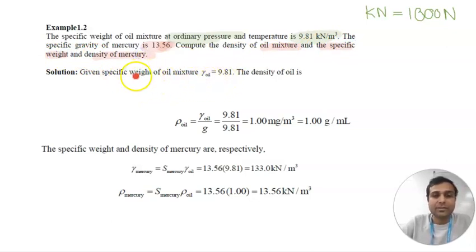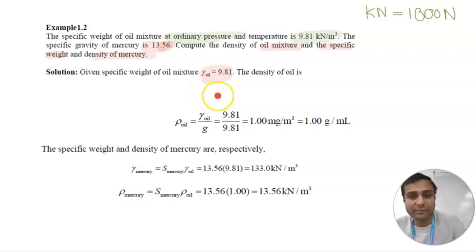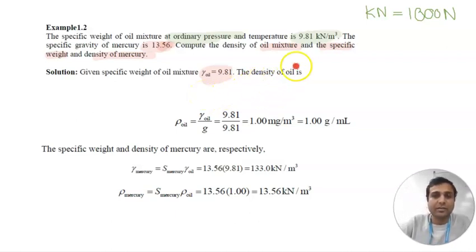So we were given the specific weight of the oil mixture, which is 9.81. Then we need to divide that by 1000 to get 9.81.